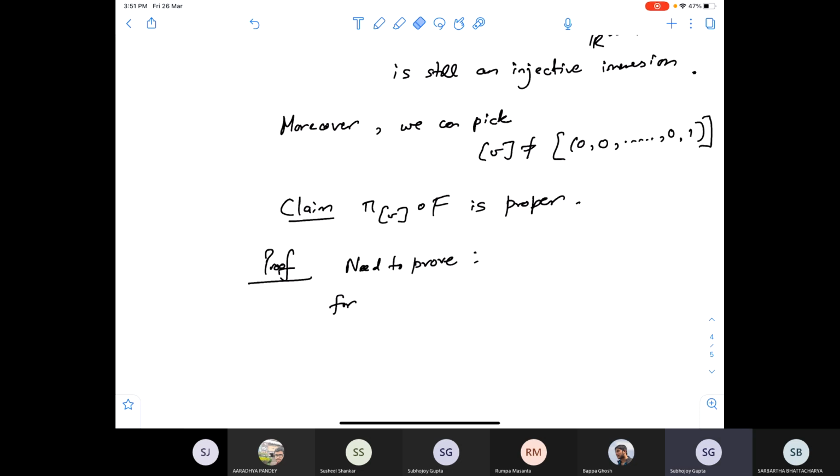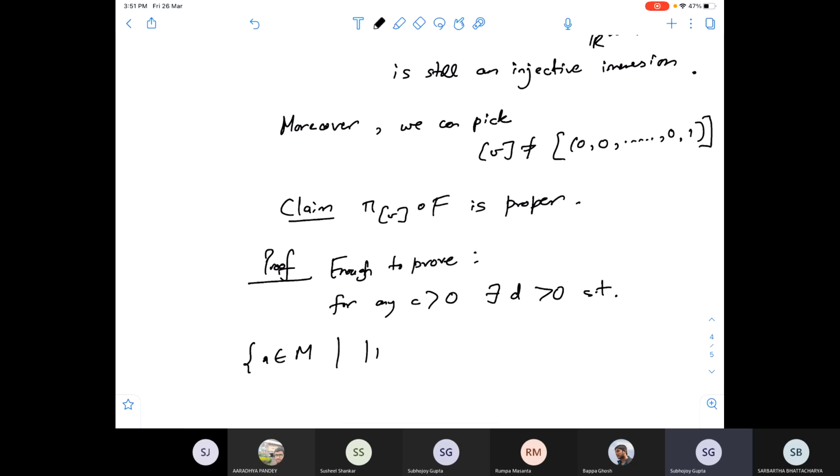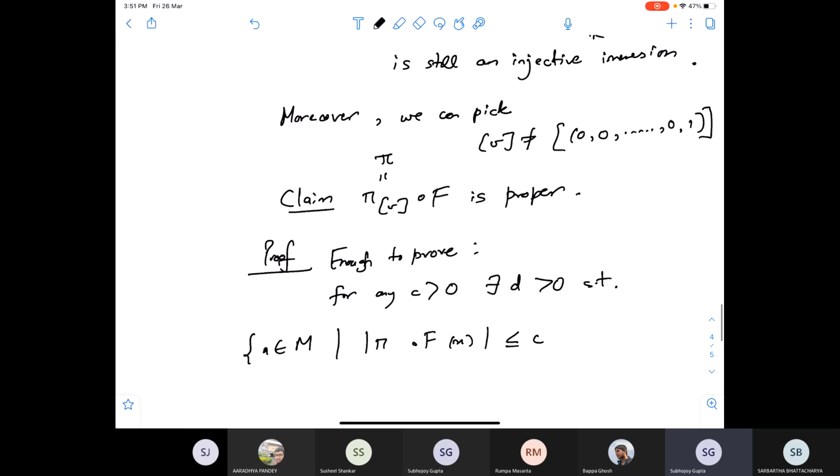It's enough to prove the following: for any c greater than 0, there exists a d greater than 0, such that if you look at all the points in M such that the norm of pi of f of x is less than or equal to c. Actually, I'll drop this subscript, it's cluttering my notation. I'll just call this projection pi.